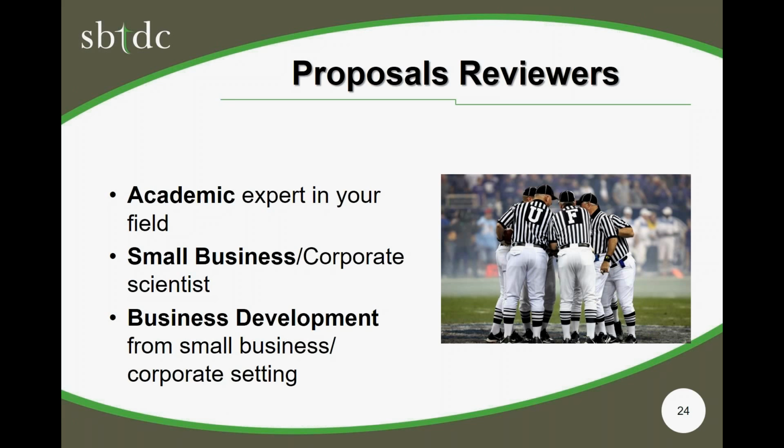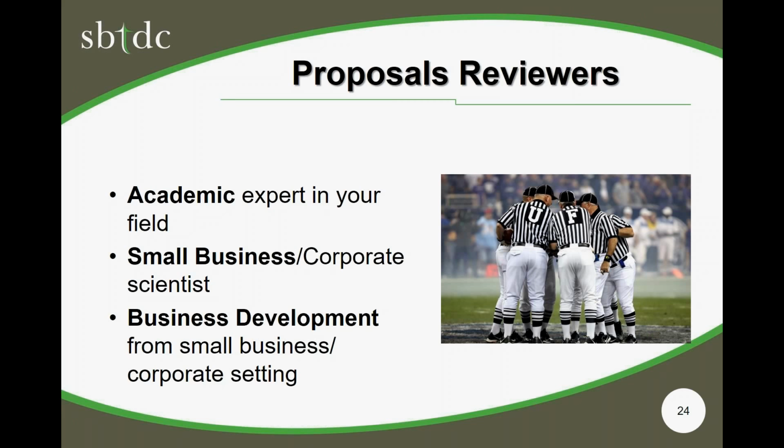So when you submit your proposal, it is going to go through what they call an administrative review process first, to make sure all of the forms that you were supposed to submit were included in your submission package. Once it passes through that administrative review process, it will be farmed out to generally 3 reviewers.